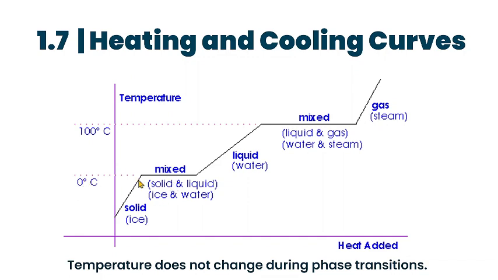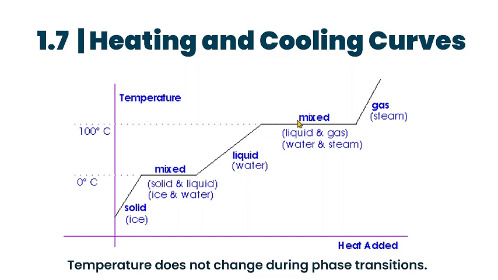Once all of the bonds in solids are broken, that's the time the additional heat energy is now being used to increase the temperature of the liquid state until again it reaches the boiling point of water at sea level, and that is 100 degrees Celsius.